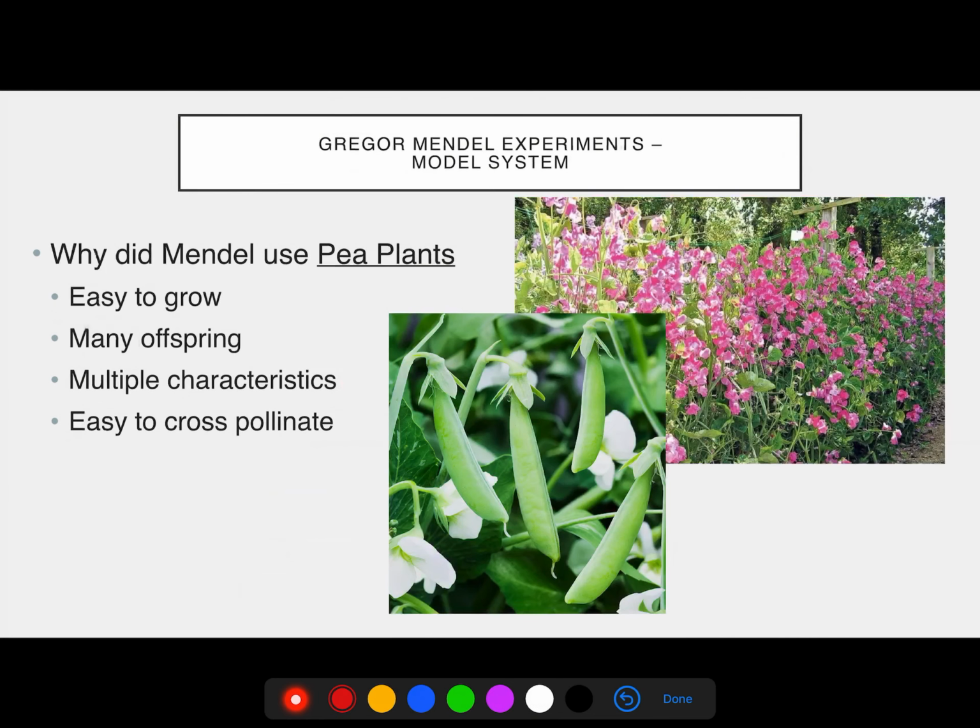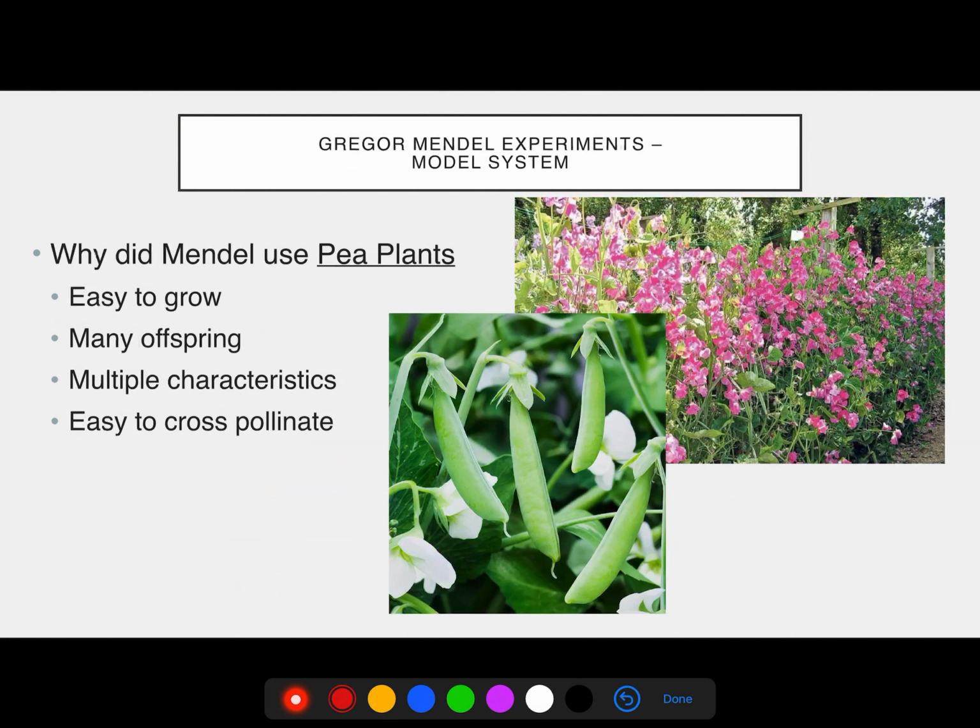So what we're going to do is try to talk about what he did in a much more modern format. And so one of the things that we need to discuss is, why did Gregor Mendel use pea plants? Well, one thing, super easy to grow.